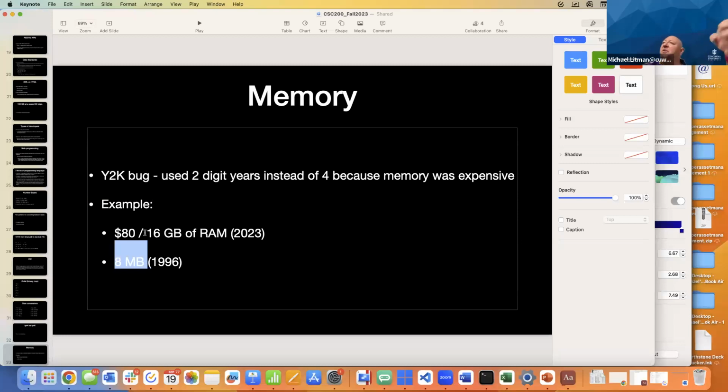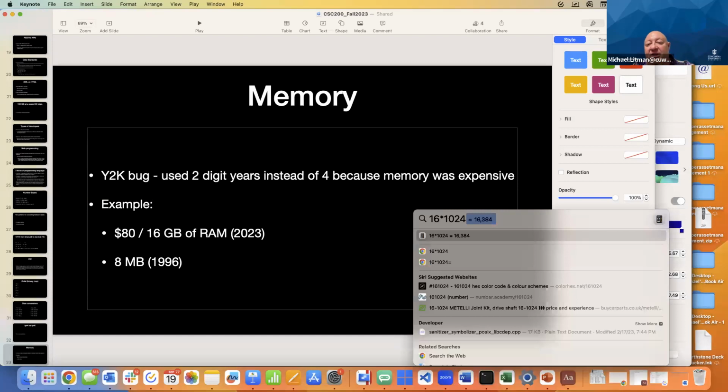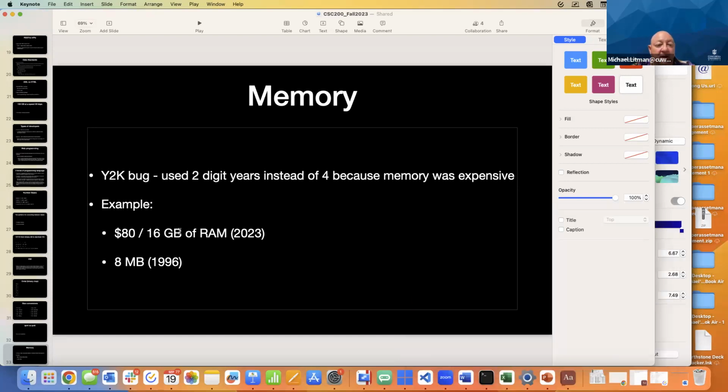Now, just so we're dealing with the same numbers, let's take what we learned today, realizing I went through it fairly quickly, and convert 16 gigabytes to megabytes. So that's 16 times 1,024, which is 16,384 megabytes.